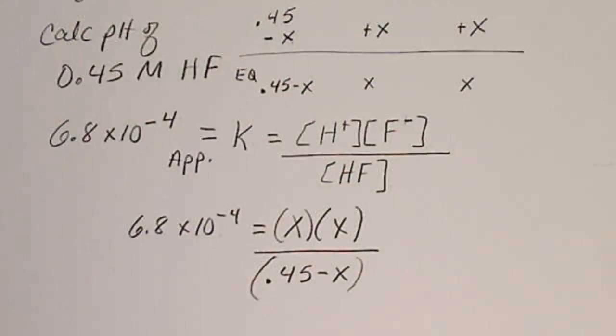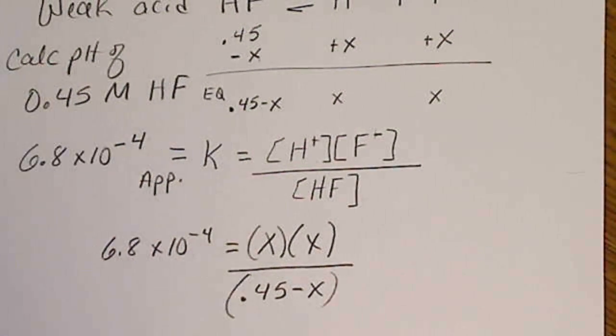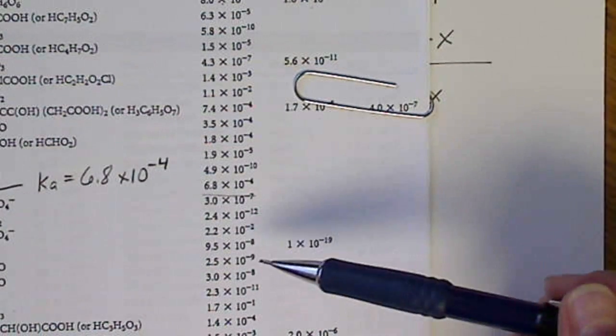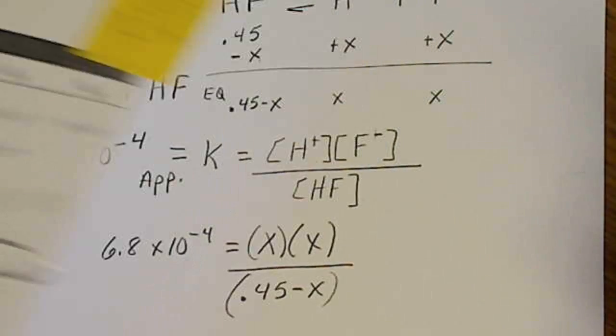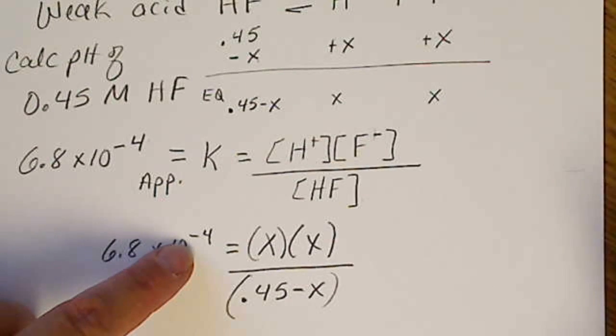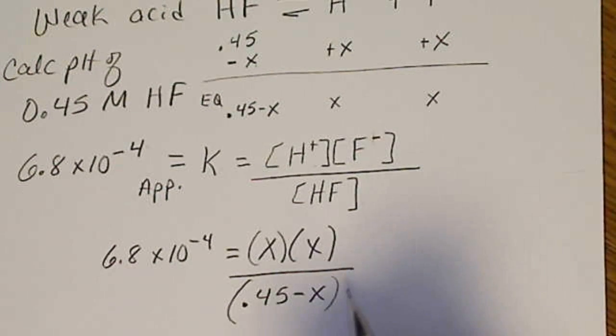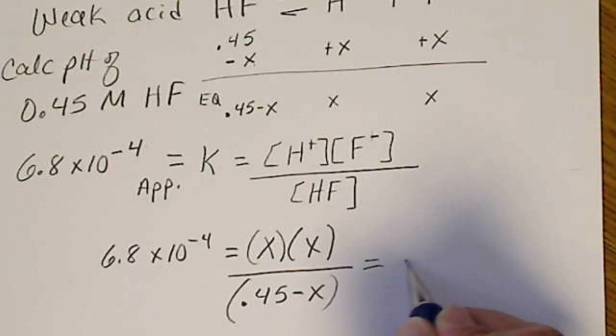And what we're going to do, this is still a relatively small value compared to some of these values in the table, so 10 to the minus 9th, 10 to the minus 11th. What we're going to do is assume that since this is a relatively small value, 0.45 minus a really little number is still approximately 0.45.